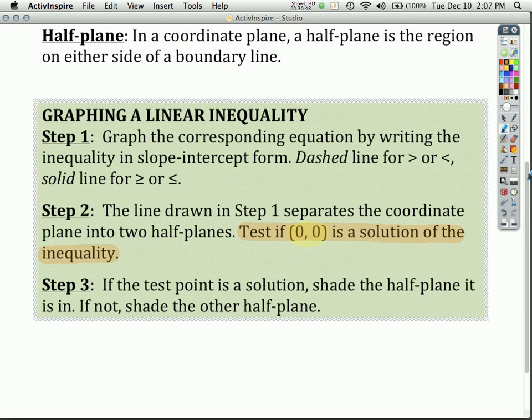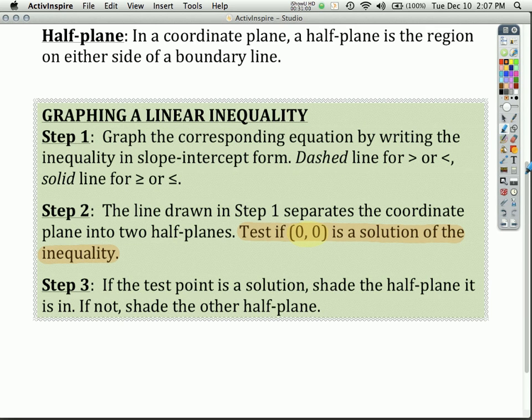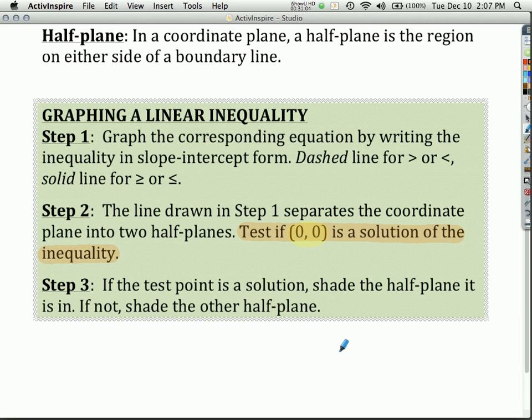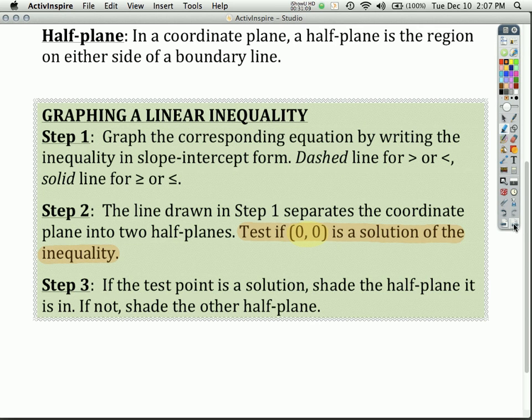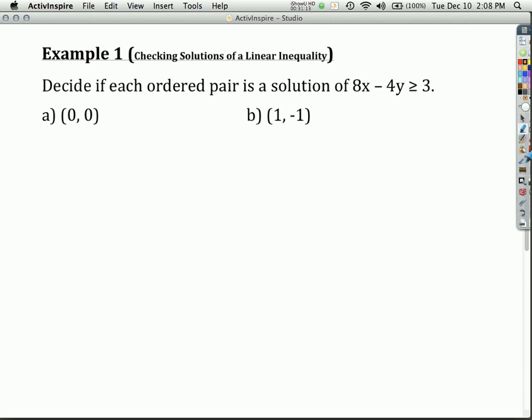Now again, if you're confused already, don't worry about it. You haven't seen anything yet. I'd just like you to have the words and the language down first so that we can refer back to it if we need to. If you're missing any of this, I will give you my notes and you can fill in. So just leave a few lines if you're missing anything. So example 1, we want to learn how to test a solution.